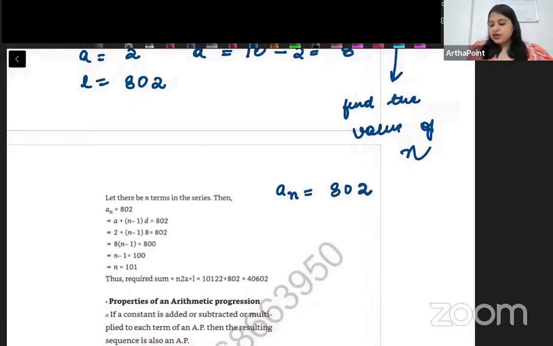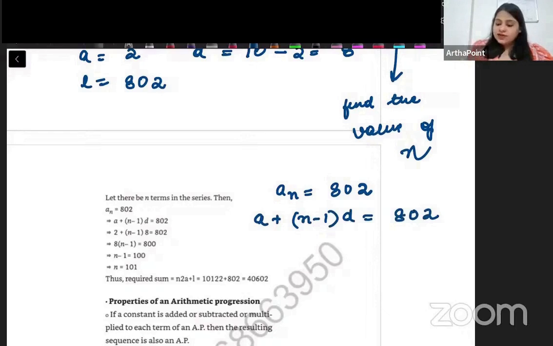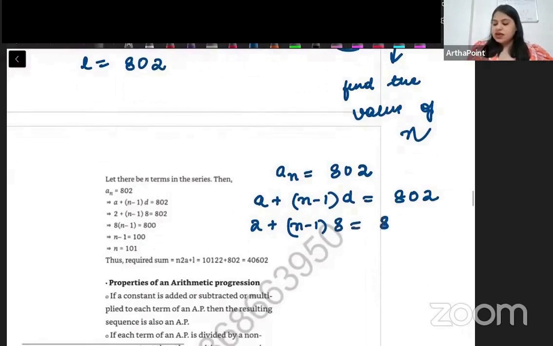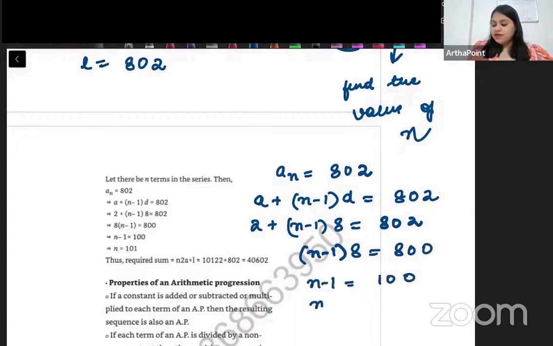I know that the nth term can be written as a plus n minus 1 d. So 802 equals 2 plus n minus 1 into 8, with the difference being 8. So n minus 1 into 8 will be 800. n minus 1 will be 100. n will be 101.